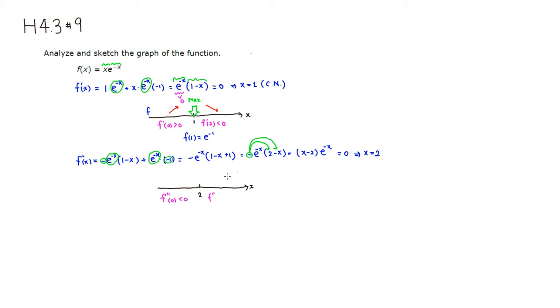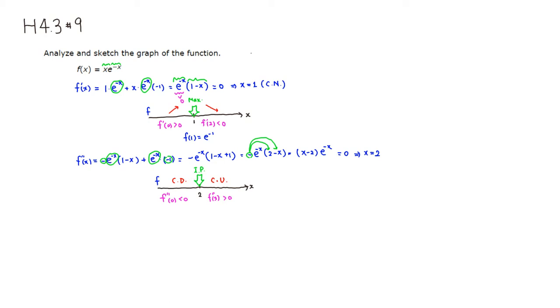And if you plug in something bigger than 2, like 3, the 3 minus 2 is positive, so that's positive. If you look at the original function, the second derivative is negative, so it's concave downward there, and the second derivative is positive, so concave upward there. So we know that there is a concavity change, so we have an inflection point there.